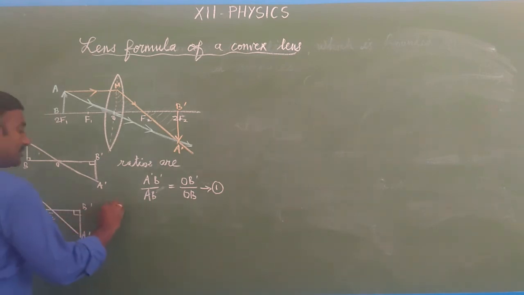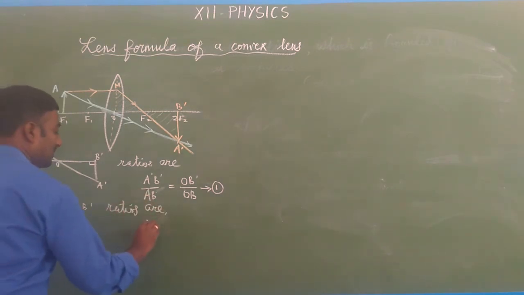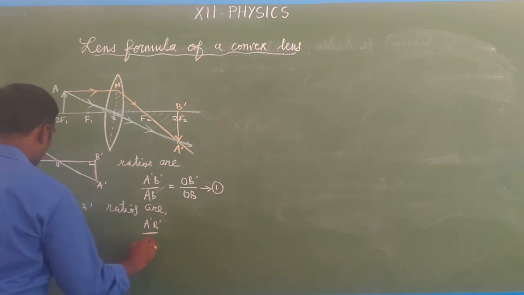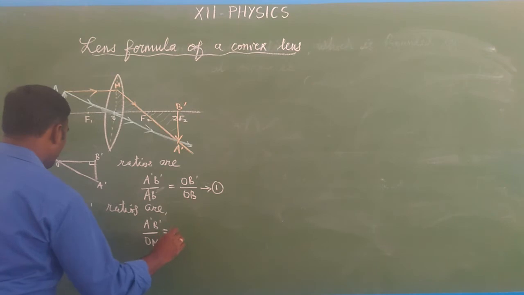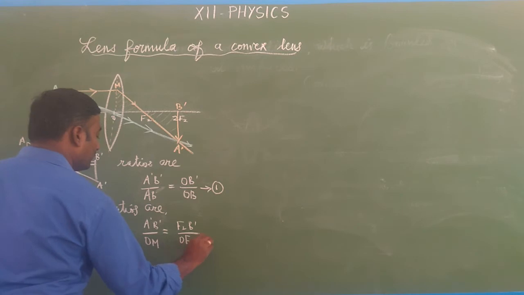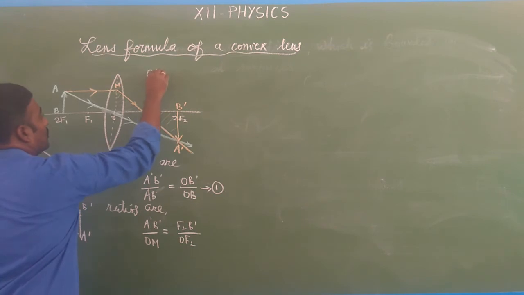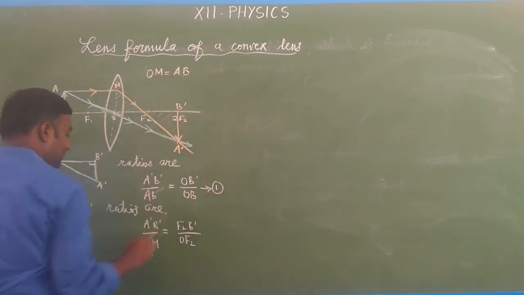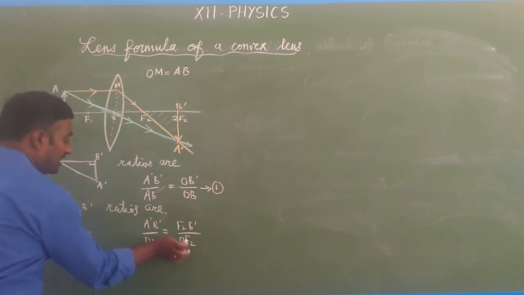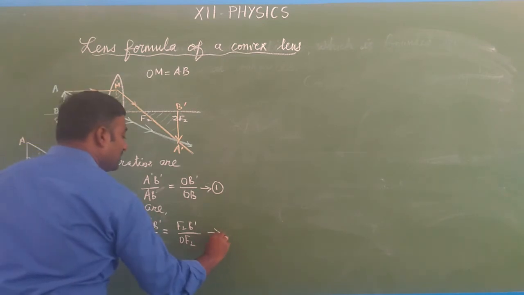So the ratios are A dash B dash by OM, which is equal to F2B dash by OF2. But one small change we can make. From this ray diagram, notice that OM is parallel to AB, that is OM is equal to AB. So instead of OM, we can write AB. So this is equation number 2.